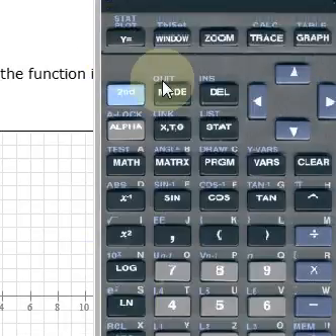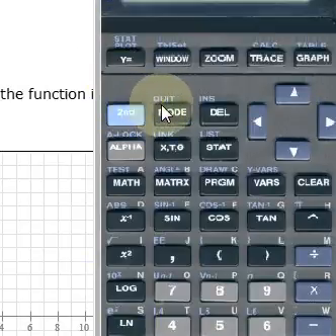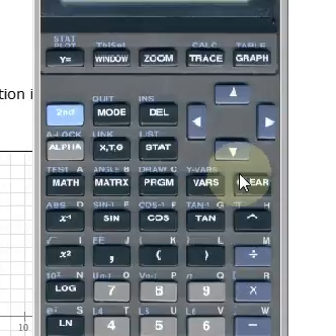Let's turn this on. I'll get out of this graph here and clear all this out.